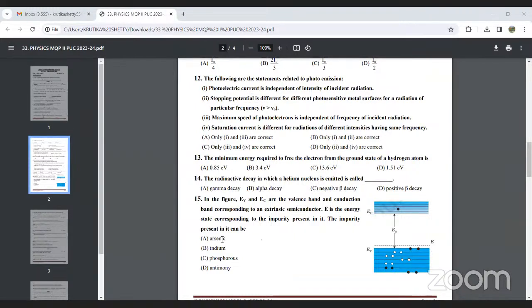Yes, it is option B. Yes, B or C. Actually, three different answers I got. Yes, sure, B. Yes, it is indium. So C is the correct answer.